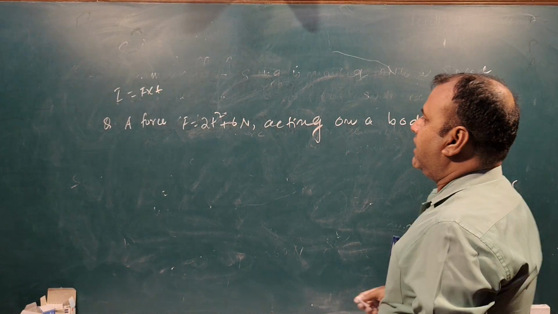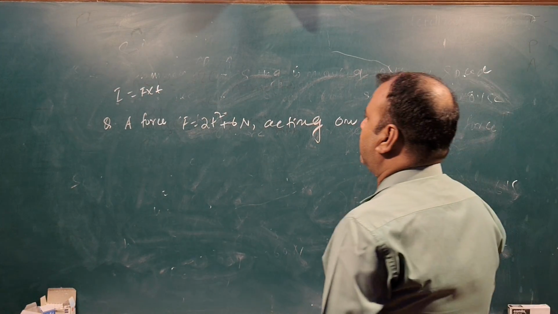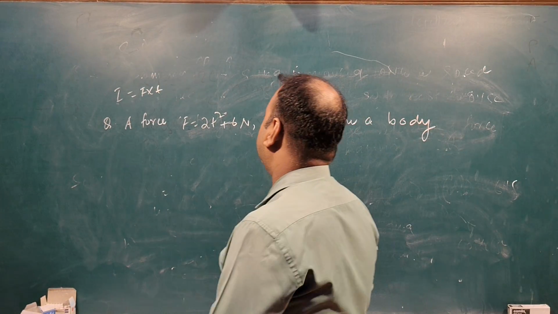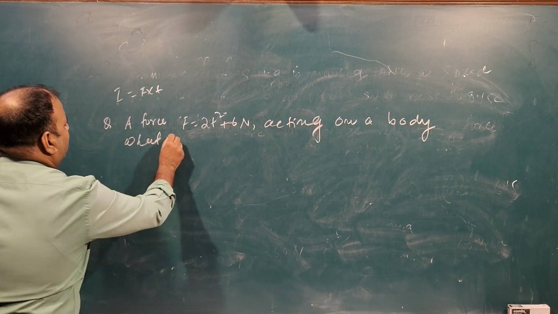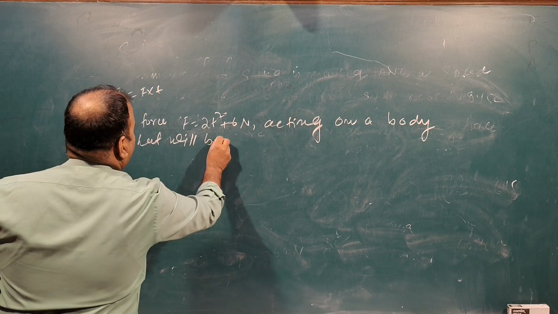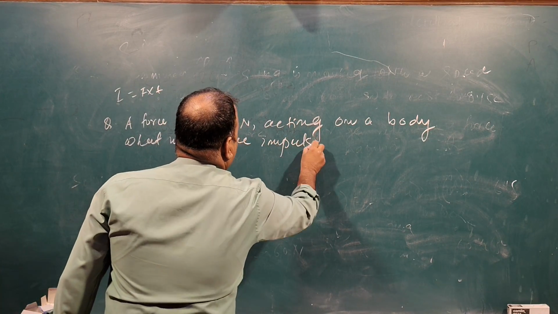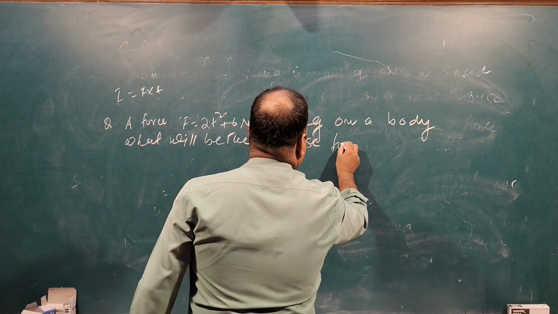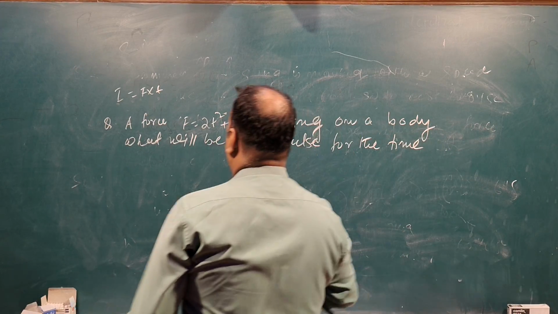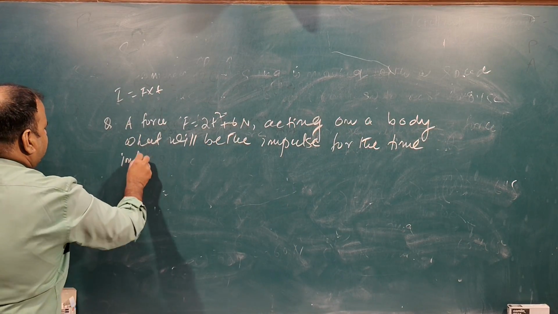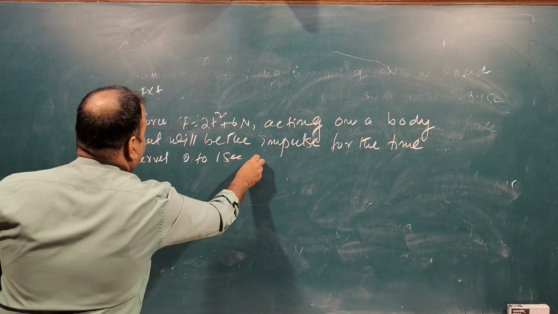So here you can see a force F = 2t² + 6 Newton acting on a body. What will be the impulse for the time interval 0 to 1 second?